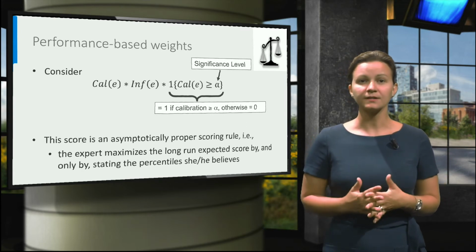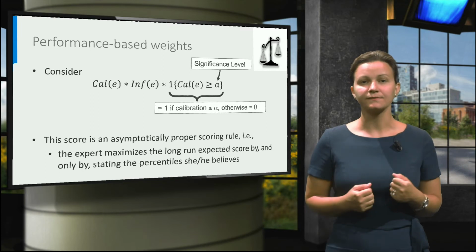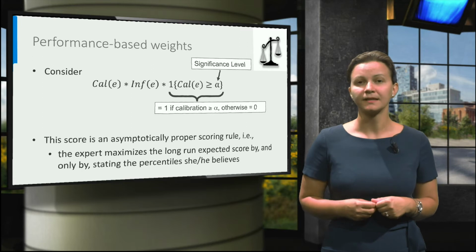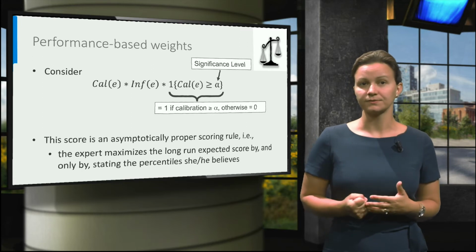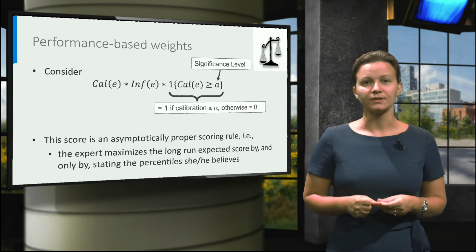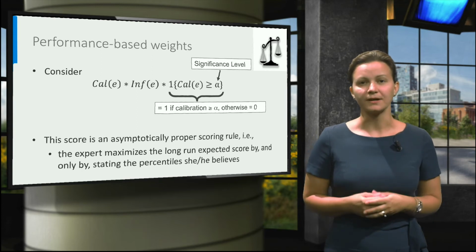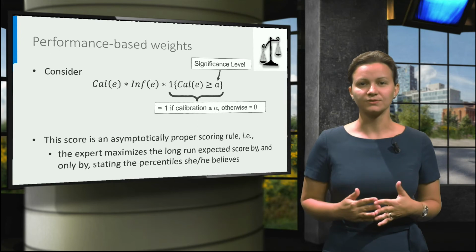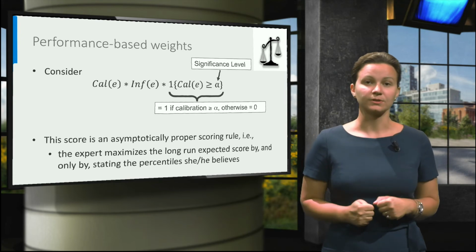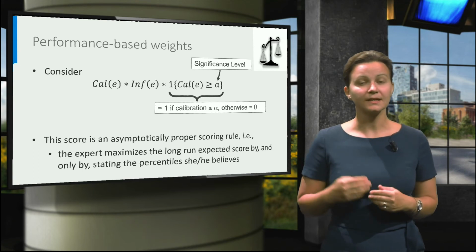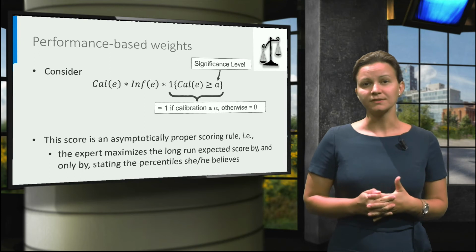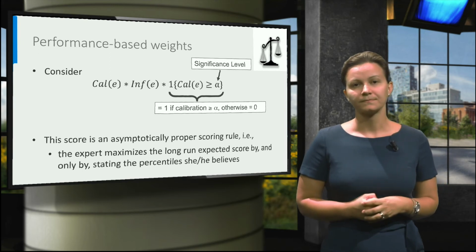An indicator function will take the value 1 if the statistical accuracy is greater than the significance level alpha, and 0 when it's not. When the statistical accuracy of an expert is greater than alpha, then this expression reduces to the combined score of the expert. If the statistical accuracy is smaller than alpha, then this expression is 0. This expression is called the scoring rule.